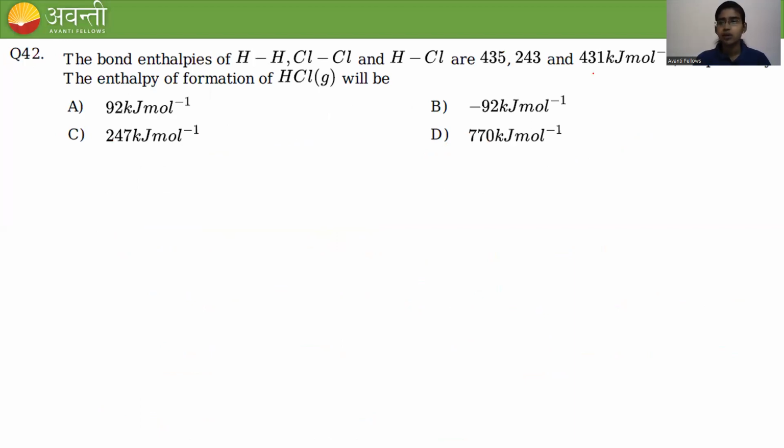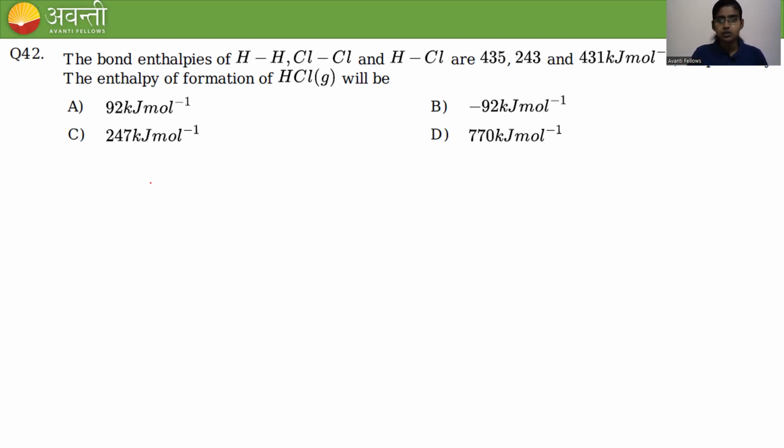So here the bond enthalpies of hydrogen, chlorine and HCl are given to us, and we have to find out the enthalpy of formation of HCl. So here again the delta H formation of HCl has to be found. To find it, we need to write the reaction first.